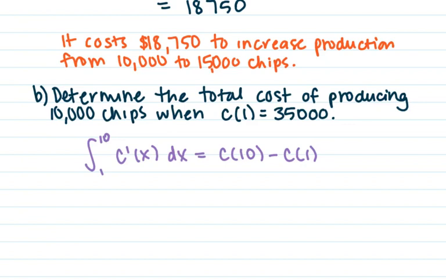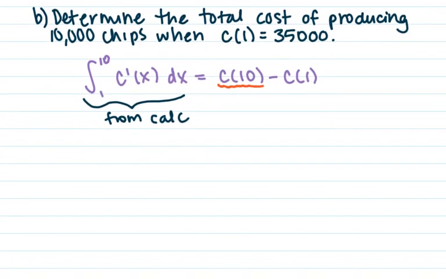So what they're asking us for is the total cost, so that's the antiderivative, of producing 10,000 chips. So right now, our goal is to get this one by itself. So we need to fill in what we know. Now, again, I'm going to cheat here, and I'm going to use the calculator to evaluate the antiderivative of that function from 1 to 10.